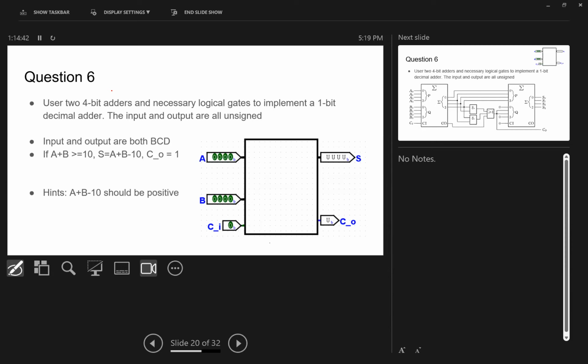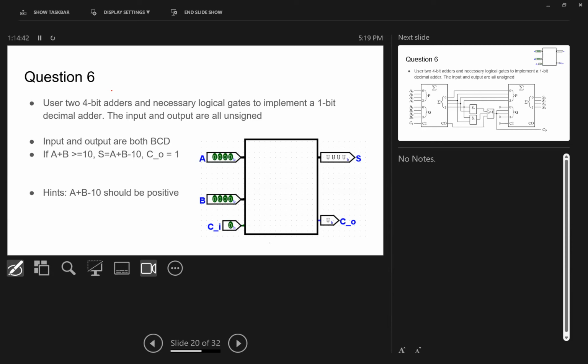We consider it from the MSB. When the MSB is equal to 1, the minimal decimal number is 16, so the summation result must be larger than 10.